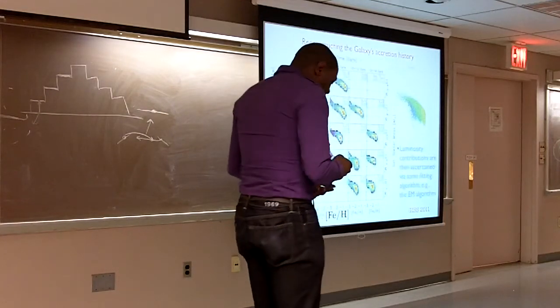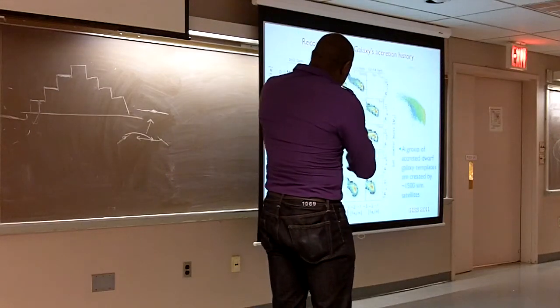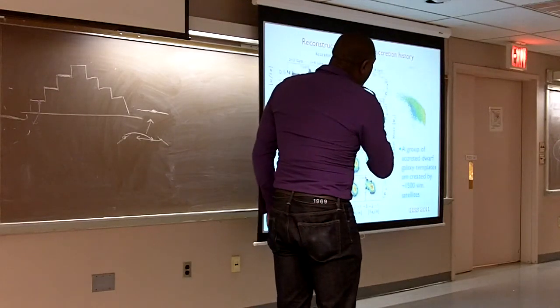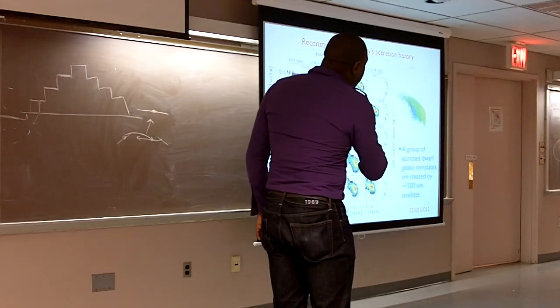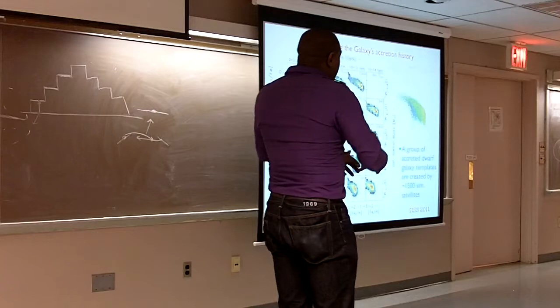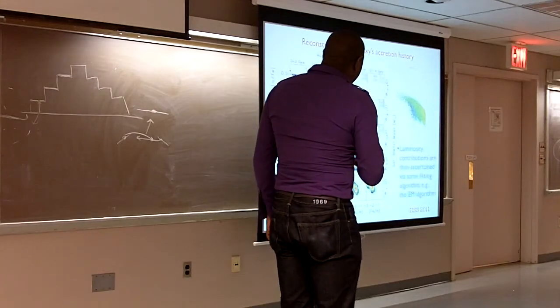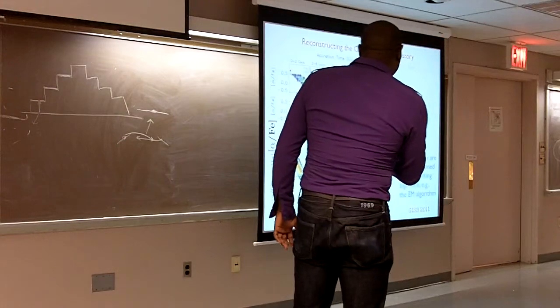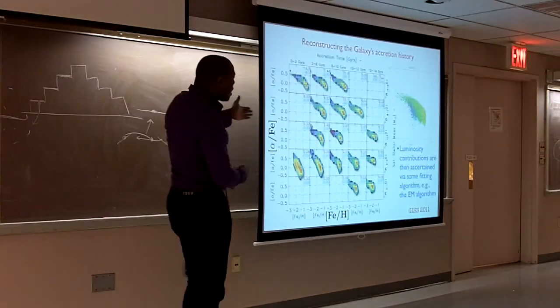Okay, so the question is, how do you go from this master template, apply it to, so this is Halo 2 in our realizations, to this distribution of observed stars from the halo, to then get this output. And so this output would actually be the accretion history of this halo.